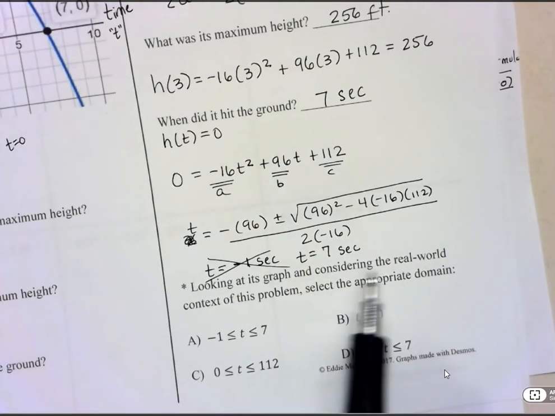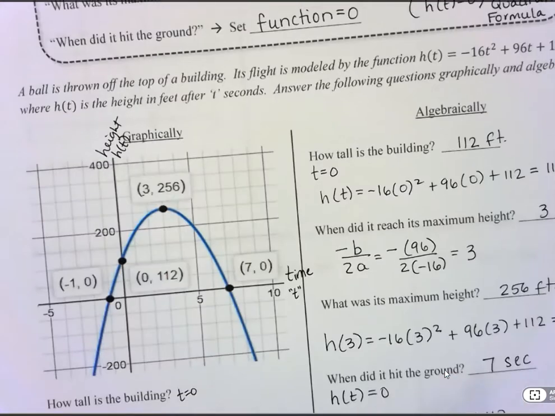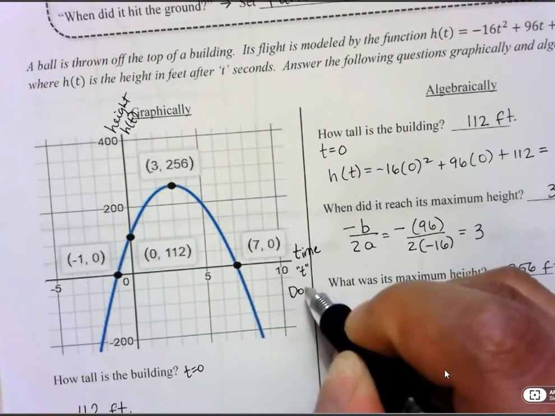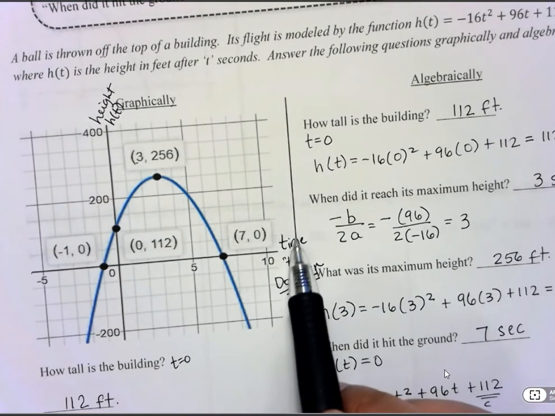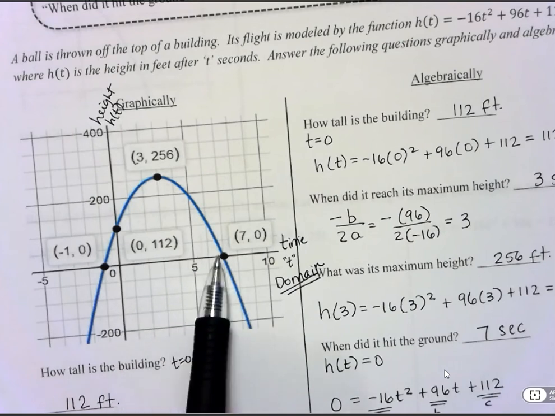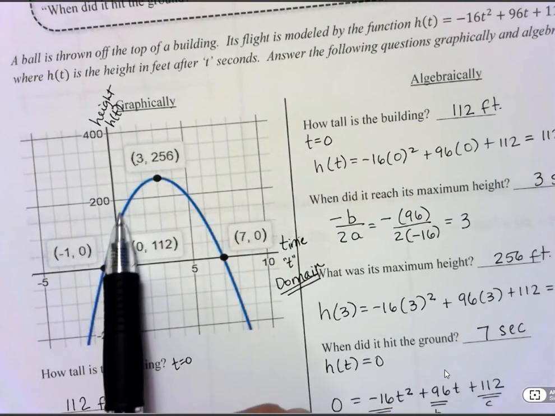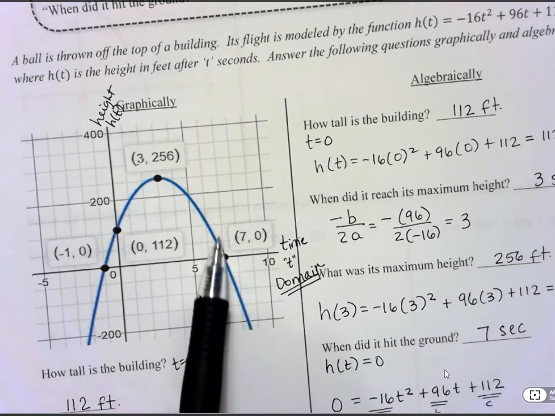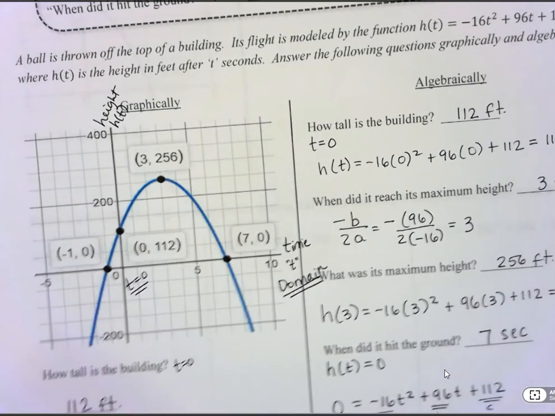Now, looking at the graph and considering the real-world context of this problem, we need to select the appropriate domain. Once again, domain is time. When thinking about real life, the ball is on top of the building, it launches into the air, reaches max height, and then it hits the ground. So from time equals 0, remember time can't be negative.